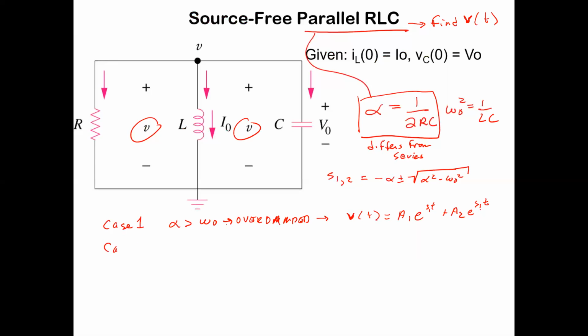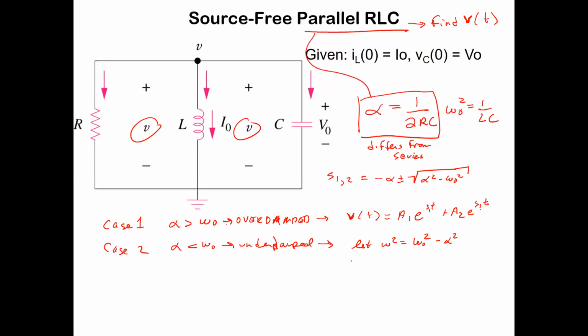Case 2 is where alpha is less than omega 0. That's the underdamped case. And in the underdamped case, it's a little more complicated, right? But this is where you remember we let omega d squared equal omega 0 squared minus alpha squared. That's where you get the complex roots.